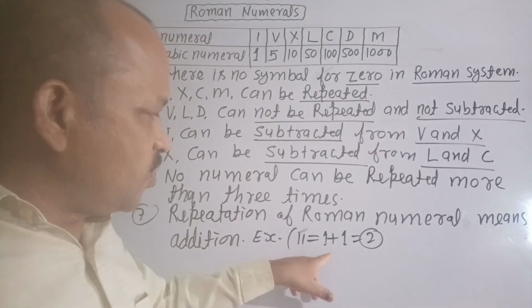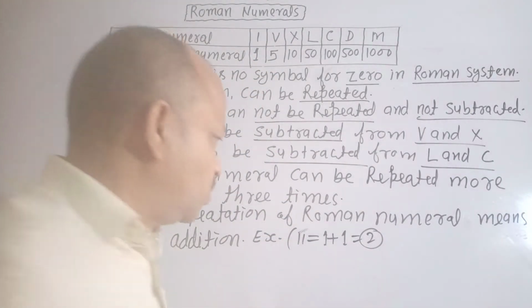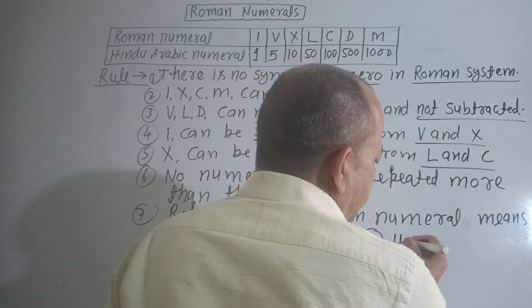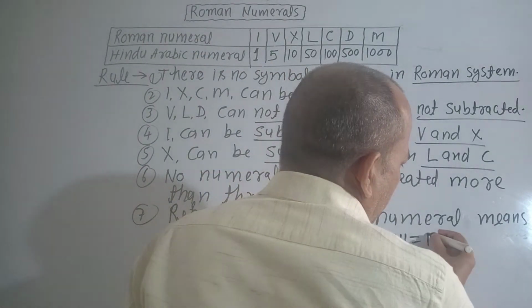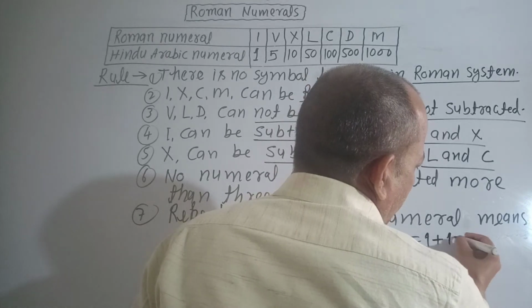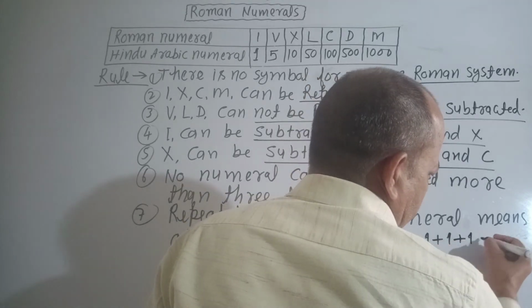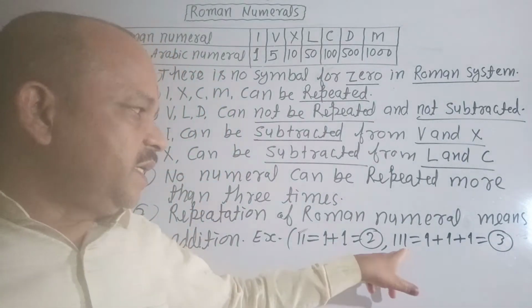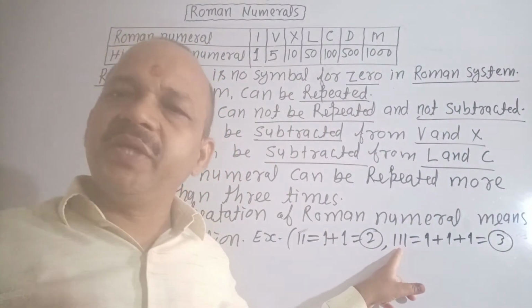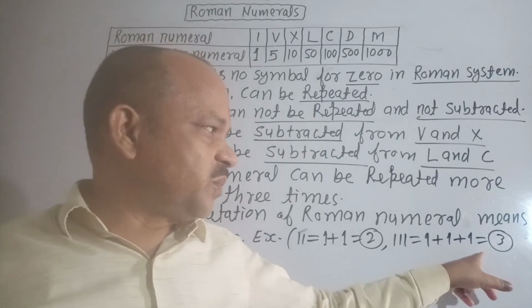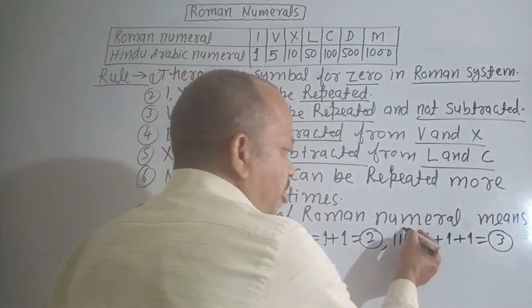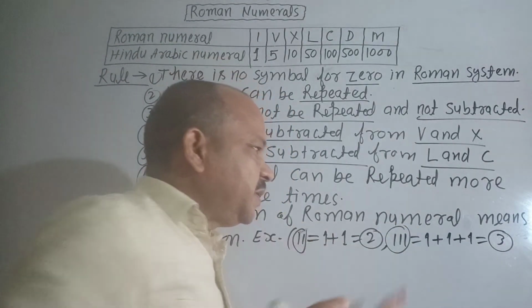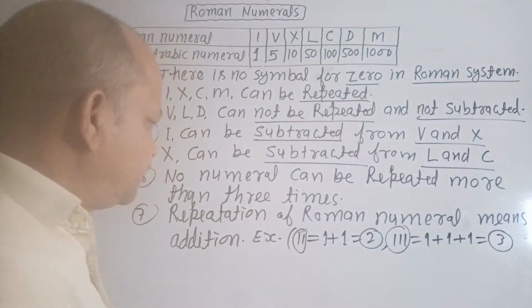III equal to 1 plus 1 plus 1 equal to 3. Here repetition of I 3 times means 1 plus 1 plus 1 equal to 3. It is clear.